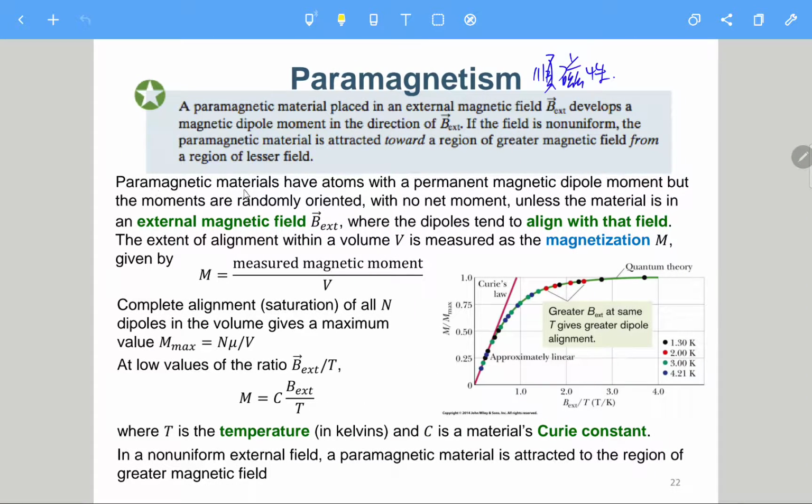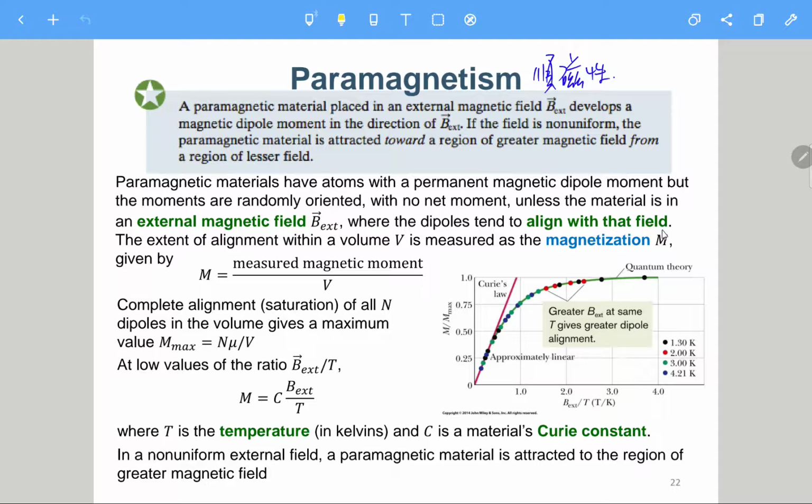So the paramagnetic material has atoms with a permanent magnetic dipole moment, but the moments are randomly oriented with no net moment, unless the material is in an external magnetic field, where the dipoles tend to align with that field.